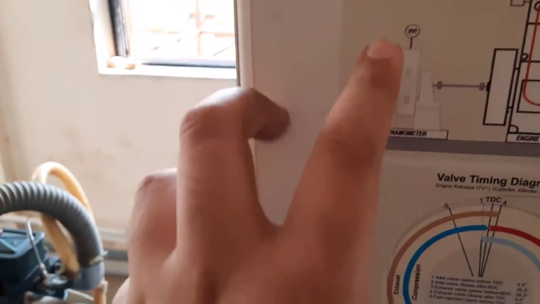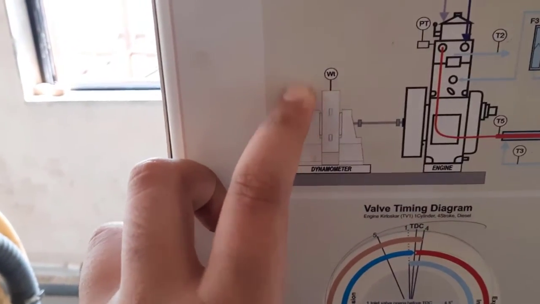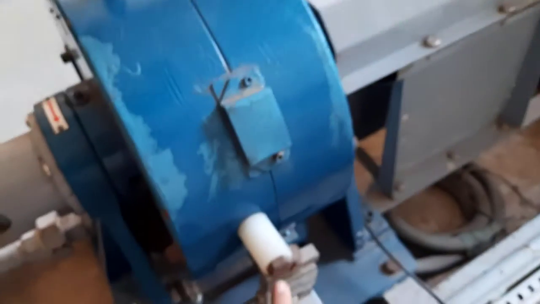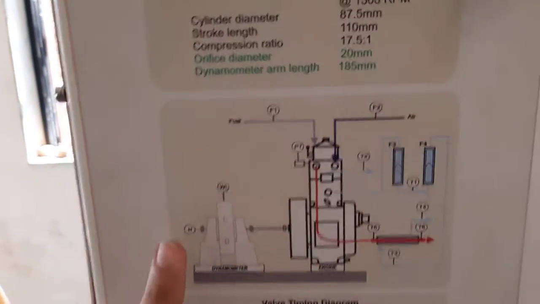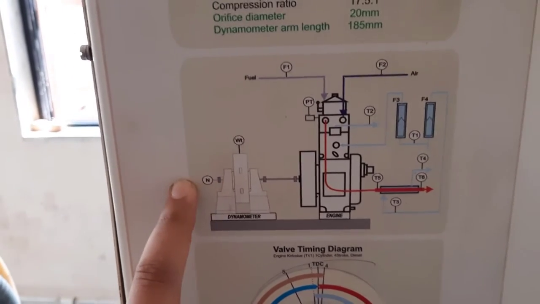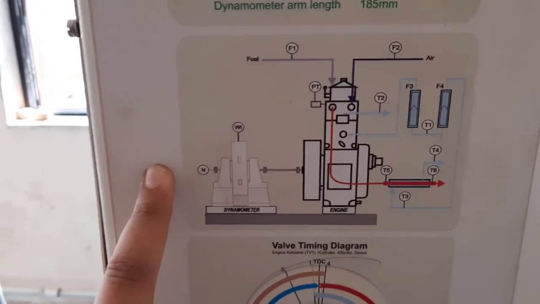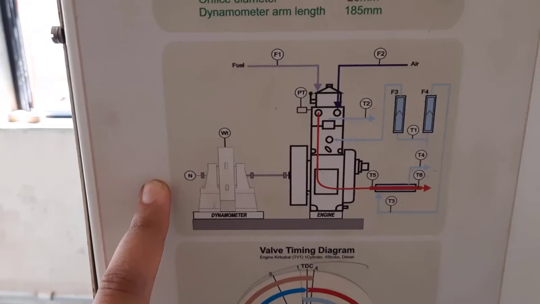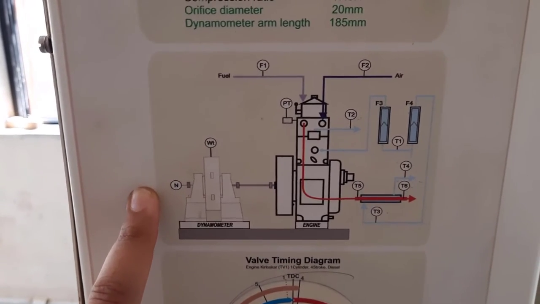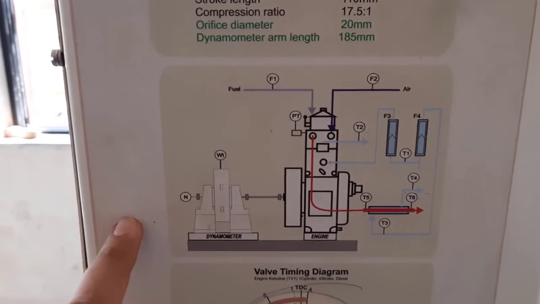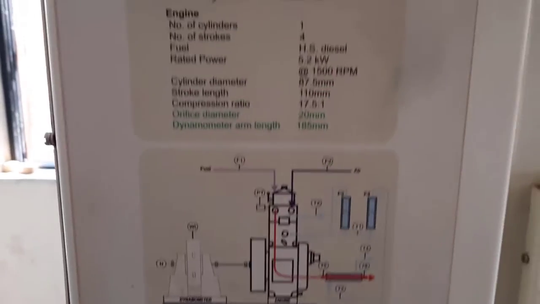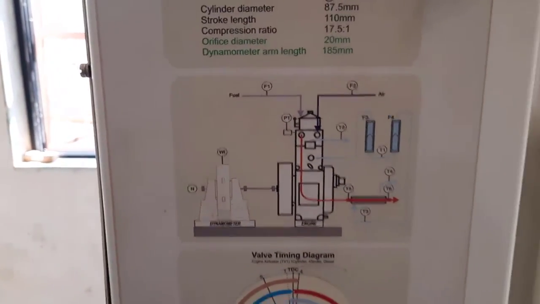And WT is the weight, which is the reading from this load cell. You have to draw this diagram in your experimental write-up. I will tell this to you afterwards. Take a screenshot of this and draw it in your write-up. So this is the entire setup explained in a small diagram.